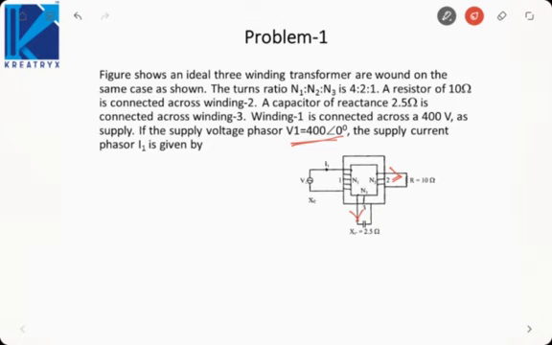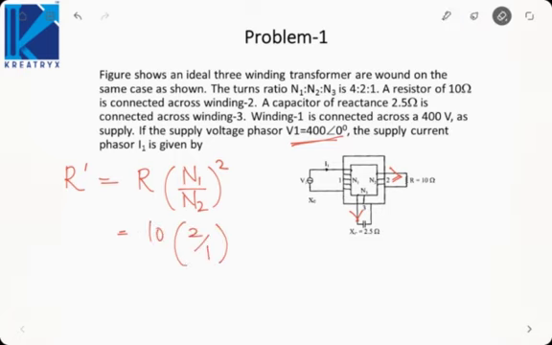So I am transforming these impedances. Then R dash will be given by R into (N1 by N2) whole square. That is 10 into (4 by 2) square, that is 40 ohm.